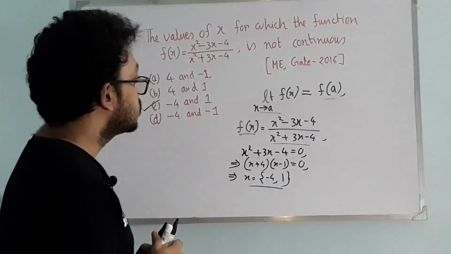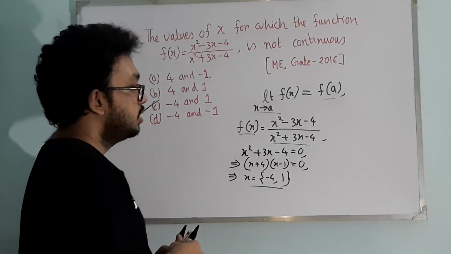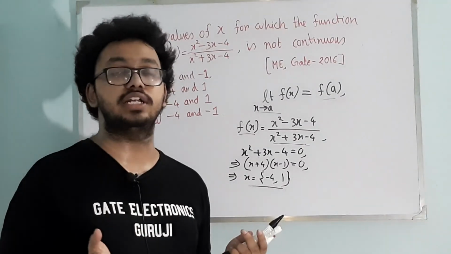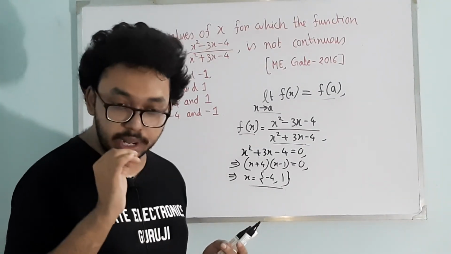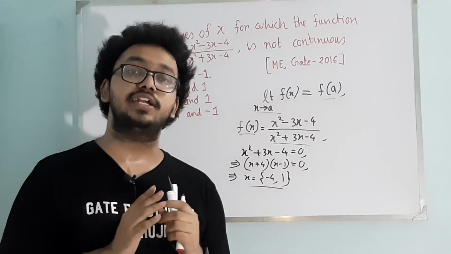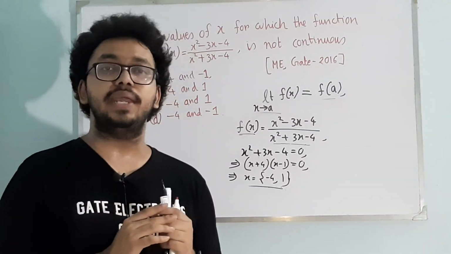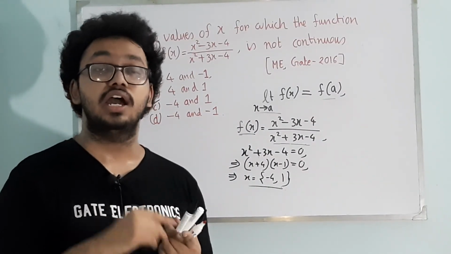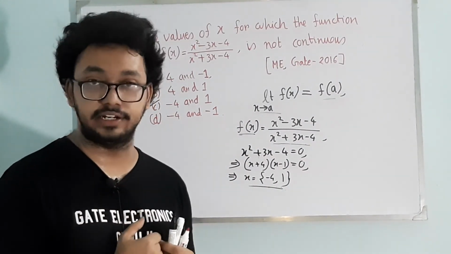So the idea is you have to understand the concept. Don't just solve problems without understanding the concept. Give more emphasis on understanding the concept. If you understand the concept at a greater depth, you can solve any problem.